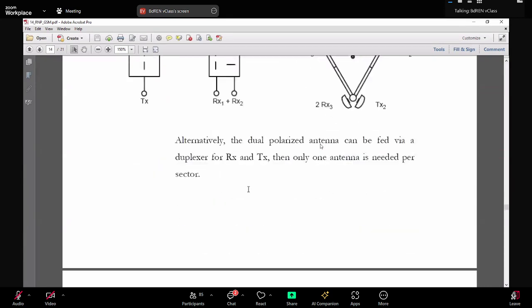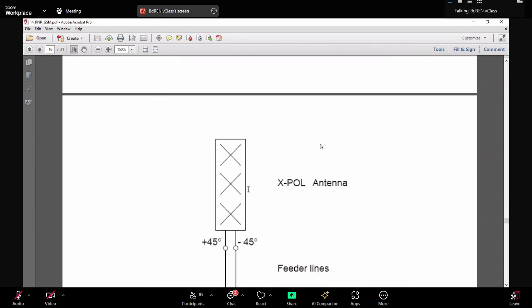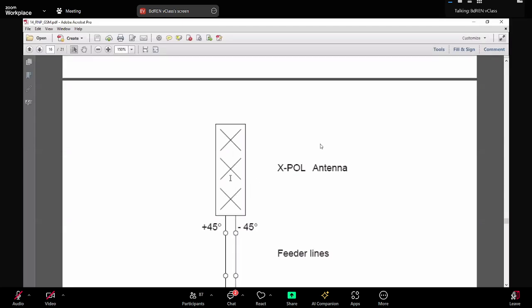So this way, of course, one of the two, plus 45 or minus 45, would get a better signal. I mean, their signal receptions would be different, and you just keep monitoring them and selecting the better one. In this case, the 3 plus 45 antenna elements form one array, and 3 minus 45, or I would say 3 leftwards tilted elements, form another array.